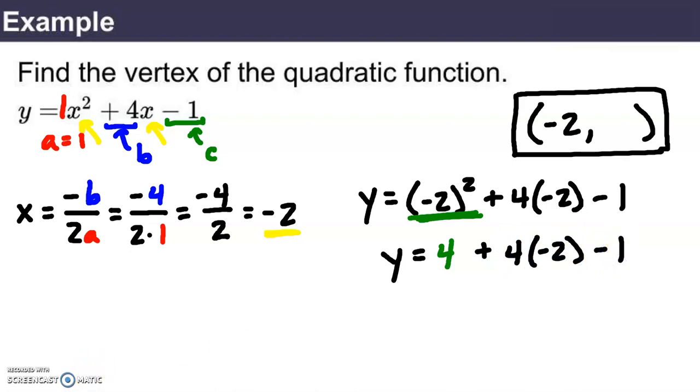What's my next thing? I've got multiplication. Positive 4 times negative 2 is negative 8. So what I see is 4 minus 8 minus 1. 4 minus 8 is negative 4, and negative 4 minus 1 is negative 5.